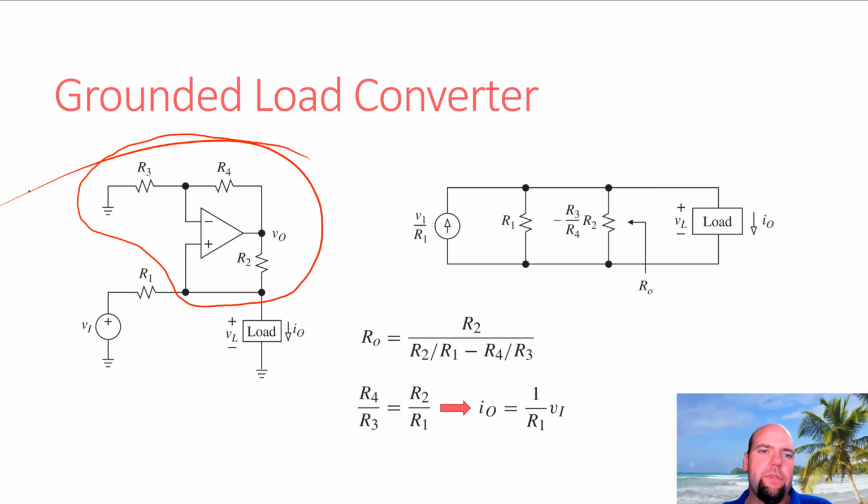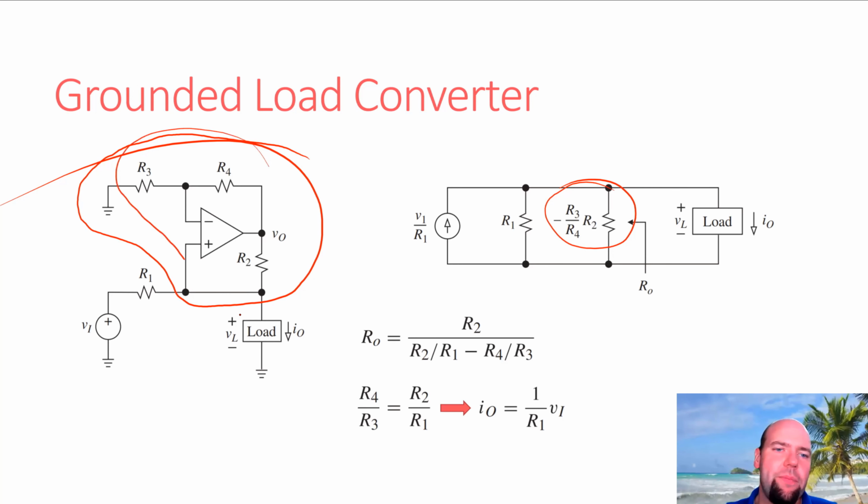Okay, so grounded load converter. My watch distracted me, technology. All right, so we've got a negative impedance converter in here. Basically, we have inserted our negative impedance converter in our circuit.